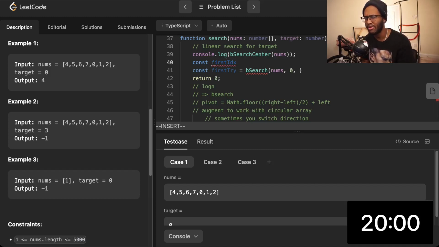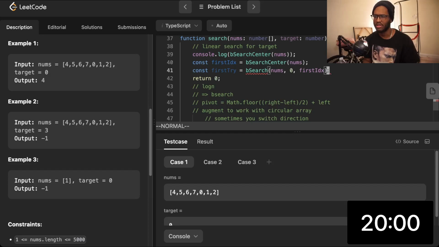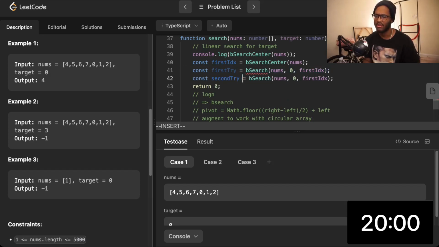I don't know what a good variable name for this. Pretty much the first index, right? Call this first IDX. We can have a second try that's in target, where first IDX will be where we start, nums dot length minus 1.